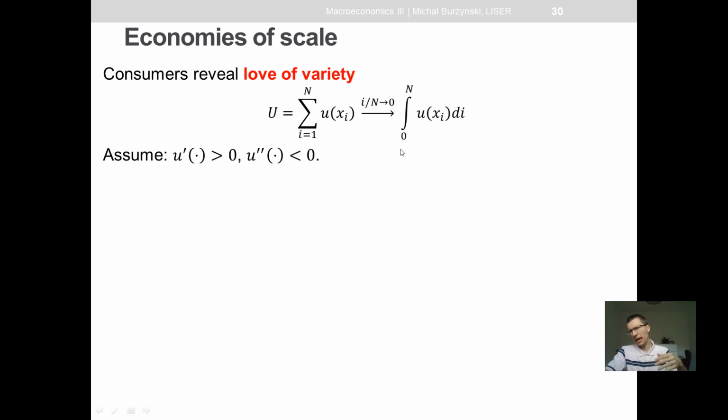And this simplifies math a bit, so I will now say everything in terms of this continuous model of Krugman. But this is exactly the same. So the total utility is the sum of utilities that you gain from consuming each and every variety of the consumption good. And we sum it over all the n varieties which are available in the country, all right?